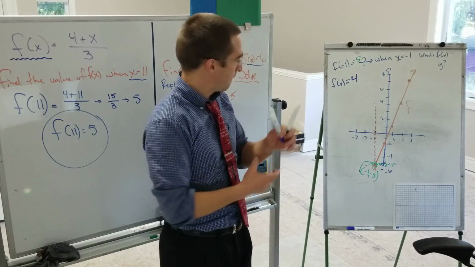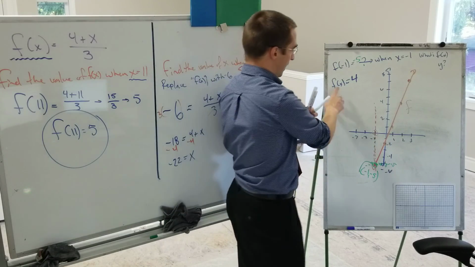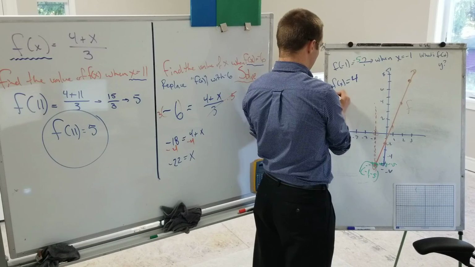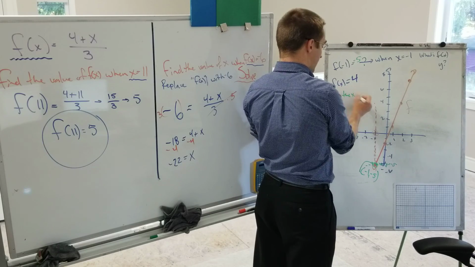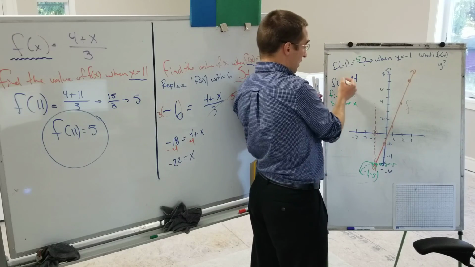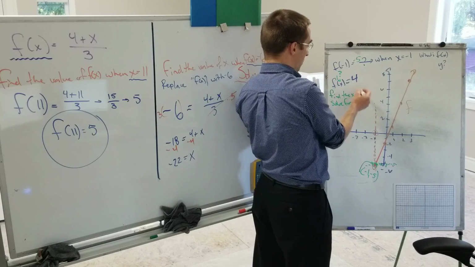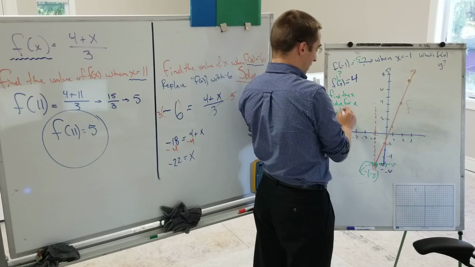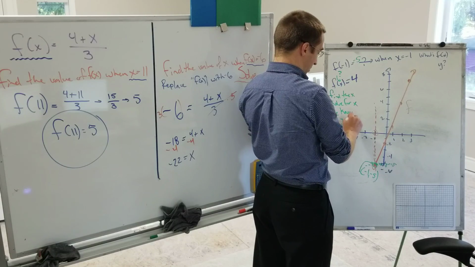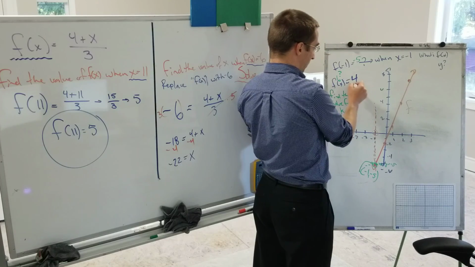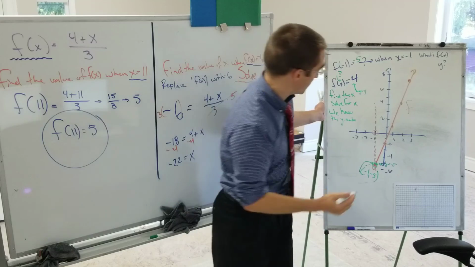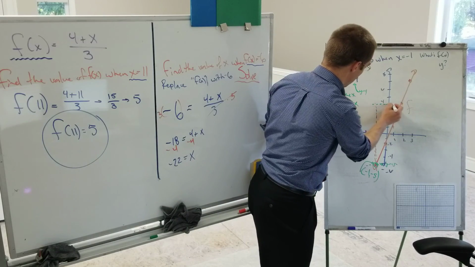Now, let's look at this. f of x equals 4. Well, remember, this is find the x value, or solve for x. In other words, we don't know the x number, which means we know the y number. The y number is 4. So we go to 4 on the y-axis and say, aha, here's 4.